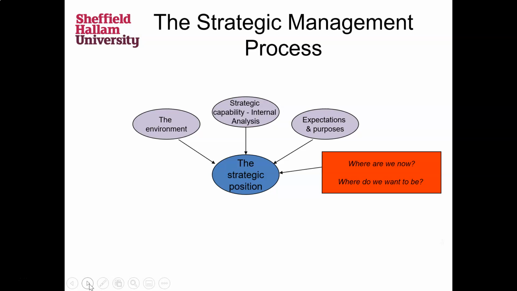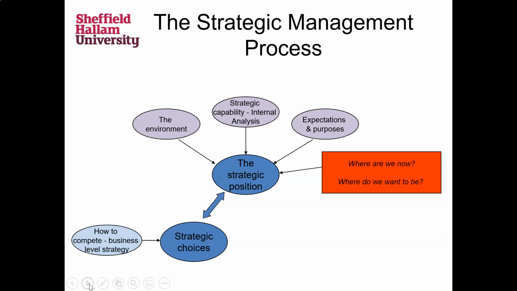And some of this is tempered by where do we want to be. We also need to have a view of where we want to be at this stage before we move on to the next stage in the strategic management process, which is thinking about strategic choices. And when we come to strategic choices, we're thinking about how might we get where we want to be, which is the best way.